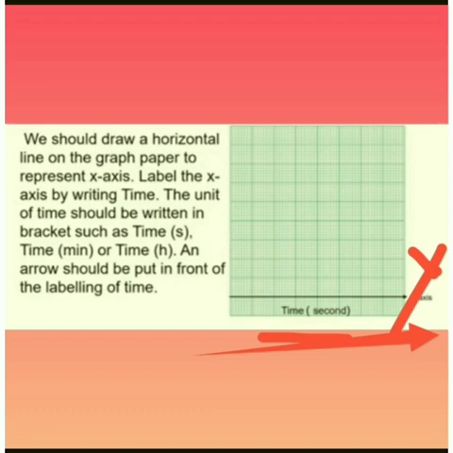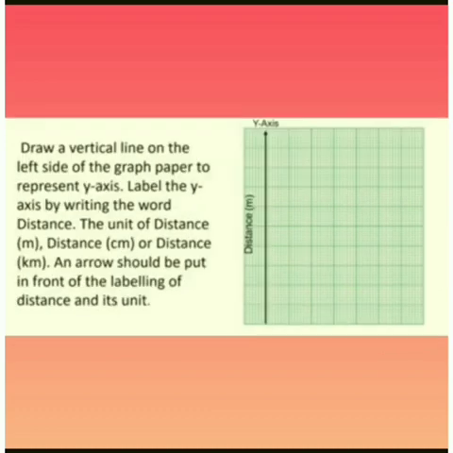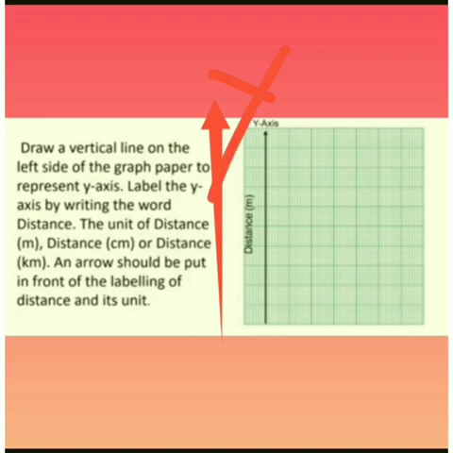Then the next step, draw a vertical line on the left side of the graph paper to represent the y-axis. Label the y-axis by writing the word distance here. Then distance may be in m or cm, or kilometer, km. An arrow should be put in front of the labeling of the distance and its unit.